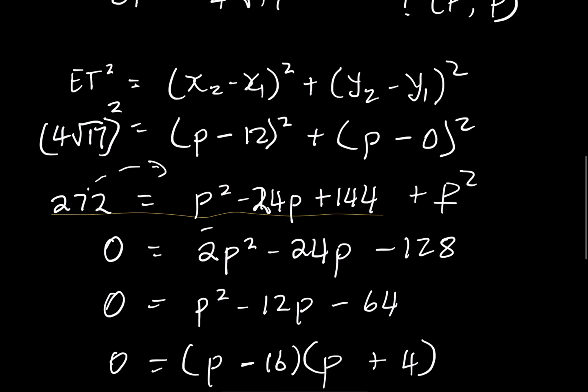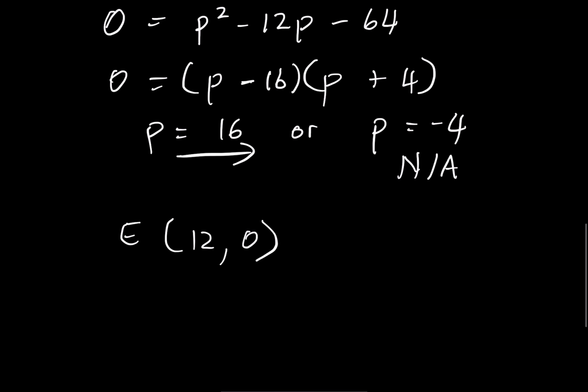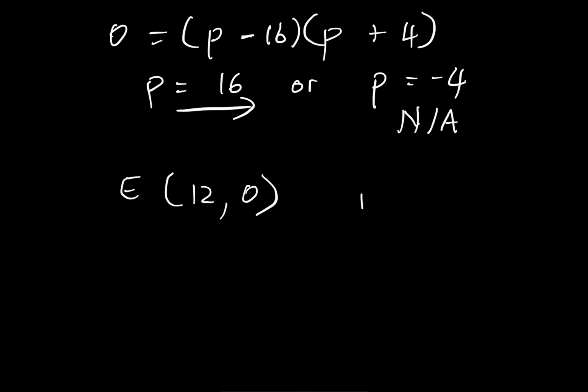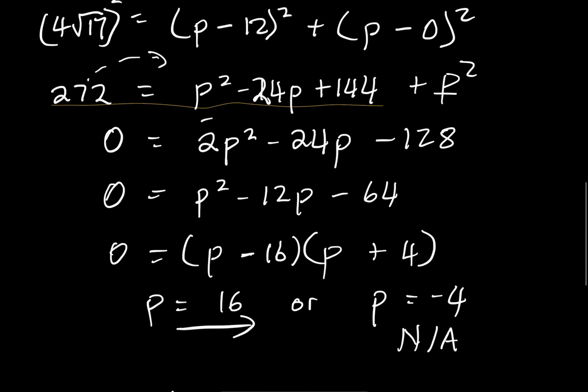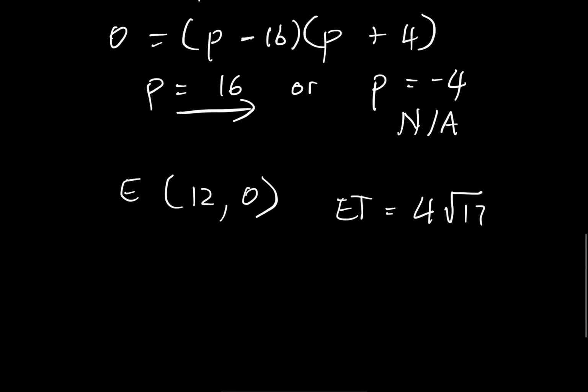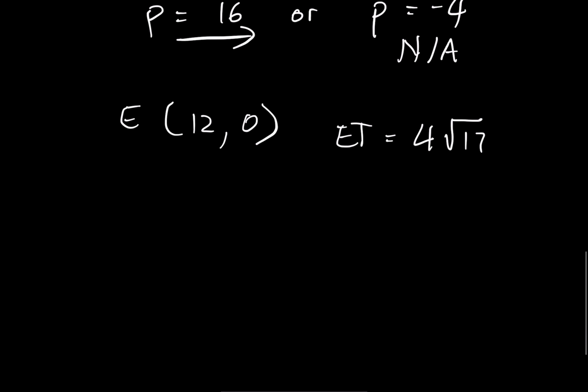Oh, yeah, remember, we already know the distance in this case. We're given ET to be 4 root 17, right? So it means that we know also the radius in this case. That would be the value of the radius.